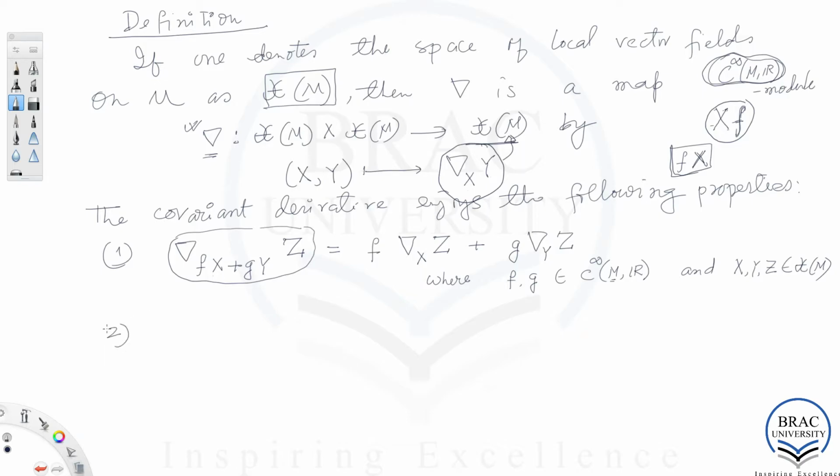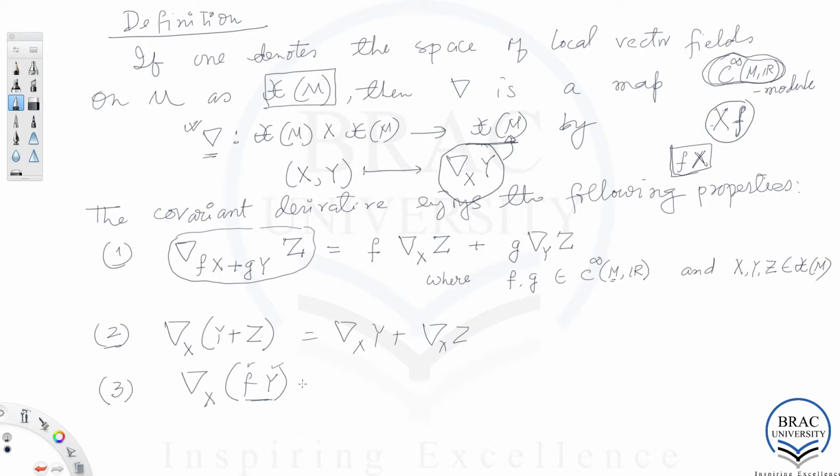So the second property states that nabla_X (Y plus Z) is equal to nabla_X Y plus nabla_X Z. The third property tells us that nabla_X (fY). Here fY is another vector field, so it's legitimate to talk about nabla_X (fY), right? Because fY is again a vector field given the smooth function f on the manifold and Y a vector field.